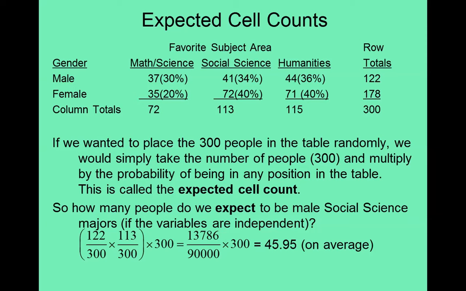Notice this simplifies to be just 122 times 113 over 300. That gives you 45.95, and that's an average. So if this study were done over and over a bunch of different times, then what we're saying is that the average number in the male social science location in the table we expect to be 45.95.